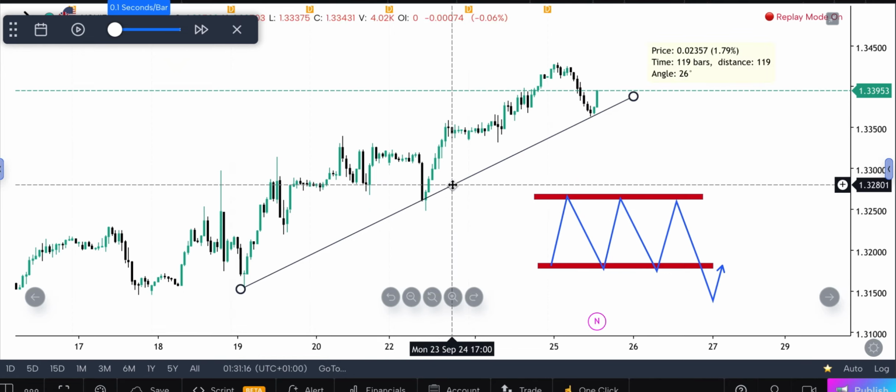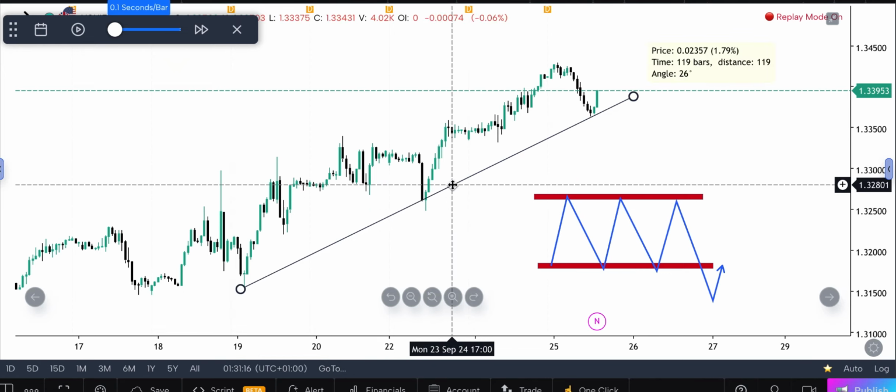So I've explained market structure. Also, I've explained a break of structure and market structure shift. Now I want to show you what we call demand and supply. On our chart, our demand is at the bottom and our supply is always at the top.